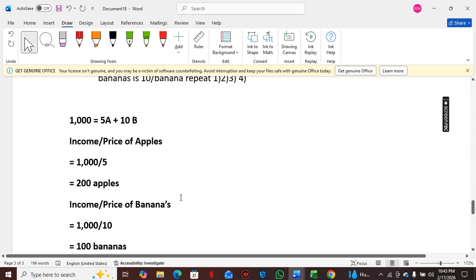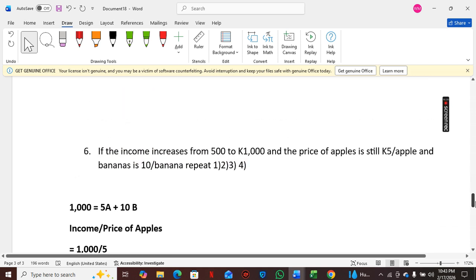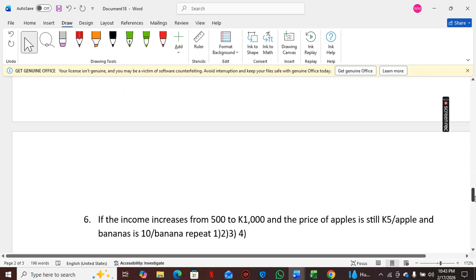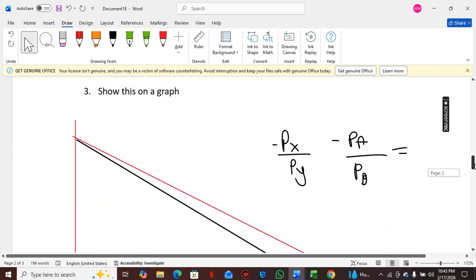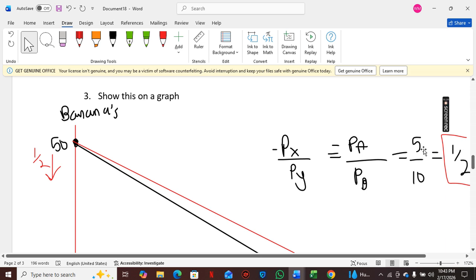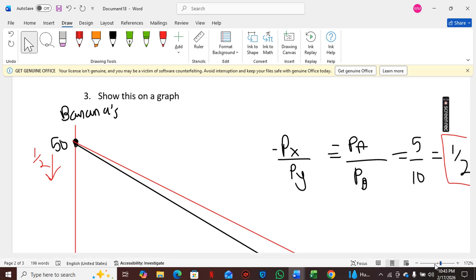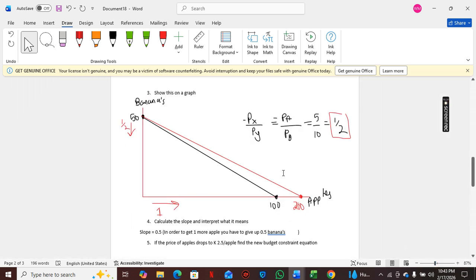So, let's see this on a graph. The slope will still stay the same because the prices of apples and bananas haven't changed.